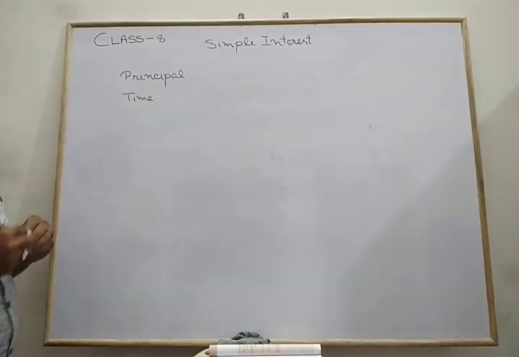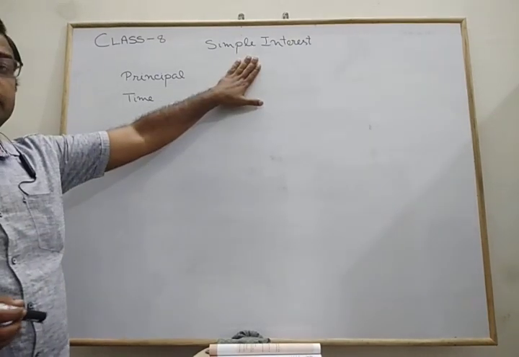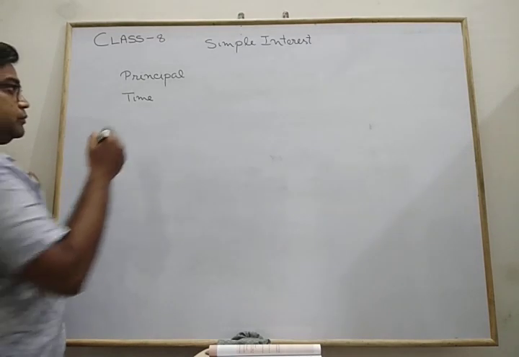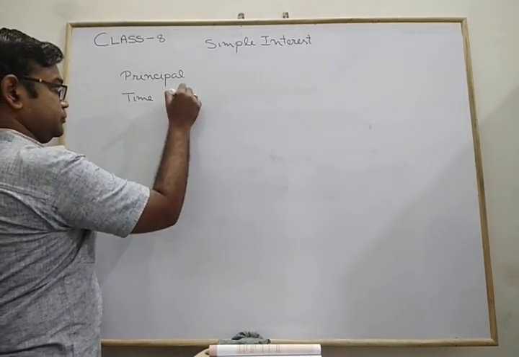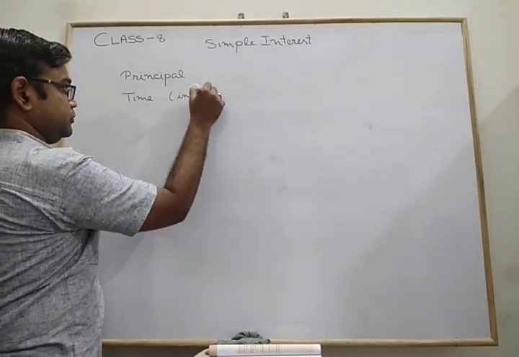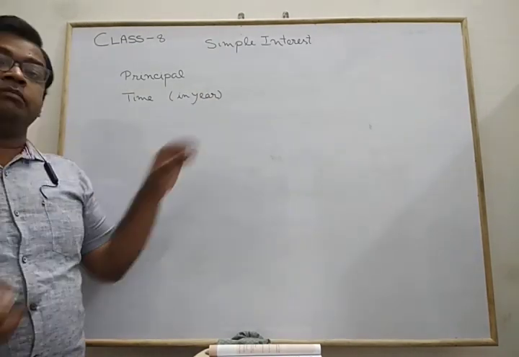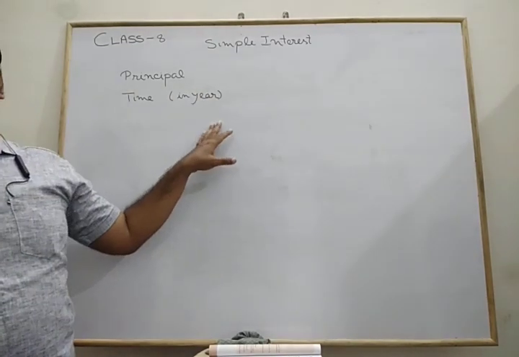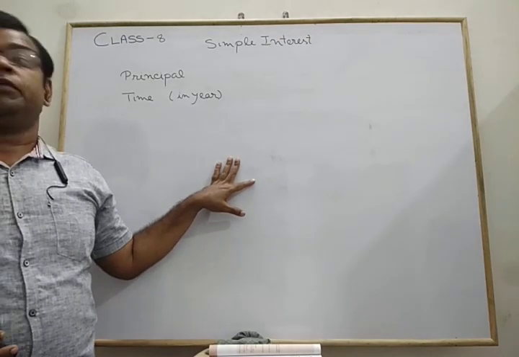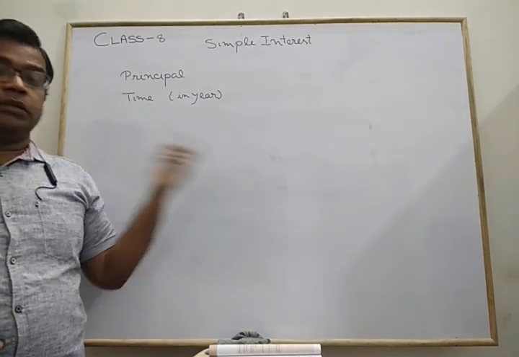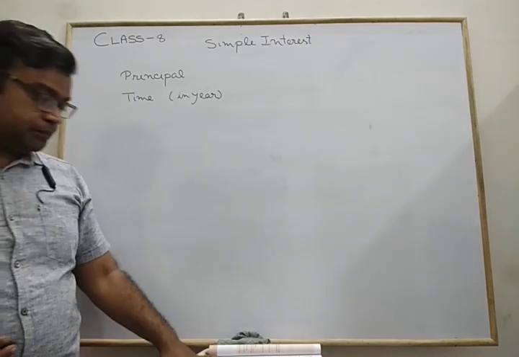Always remember that in case of simple interest, time is always measured in years. So if it is in months, you must convert into years by dividing by 12. If it is in days, you must convert into years by dividing by 365.